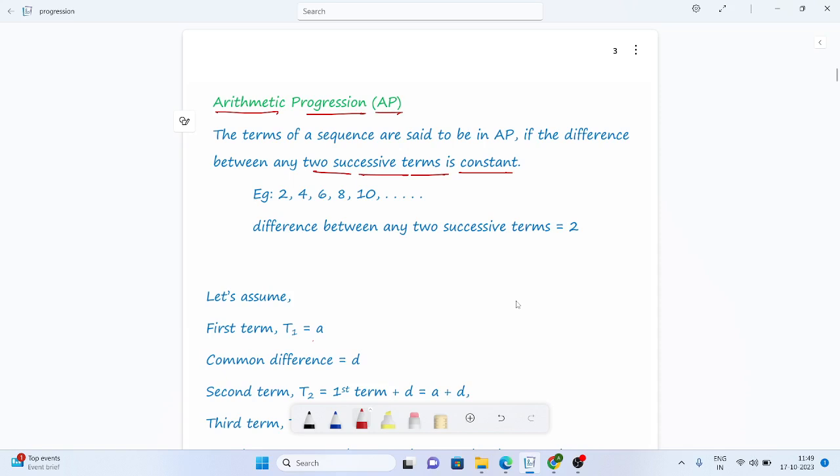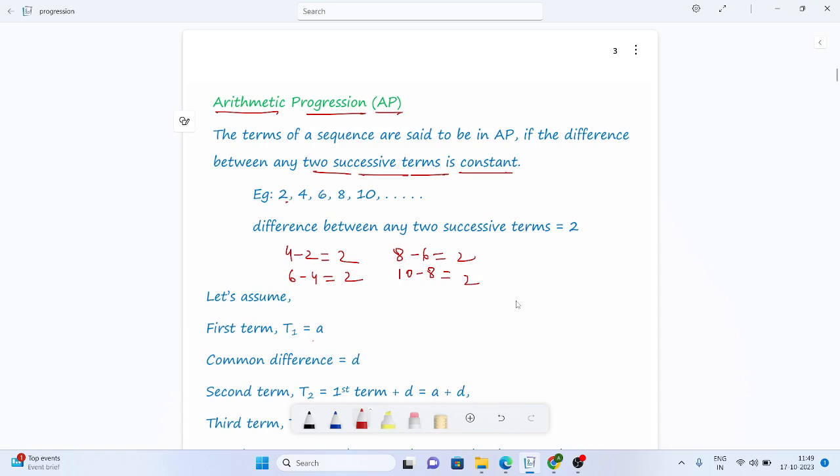Like in this example, if you find the difference of 4 minus 2, you get 2. 6 minus 4, you again get 2. 8 minus 6, 2. 10 minus 8, 2. So between two successive terms, the difference is constant, so it is AP. Did you get this? Okay.